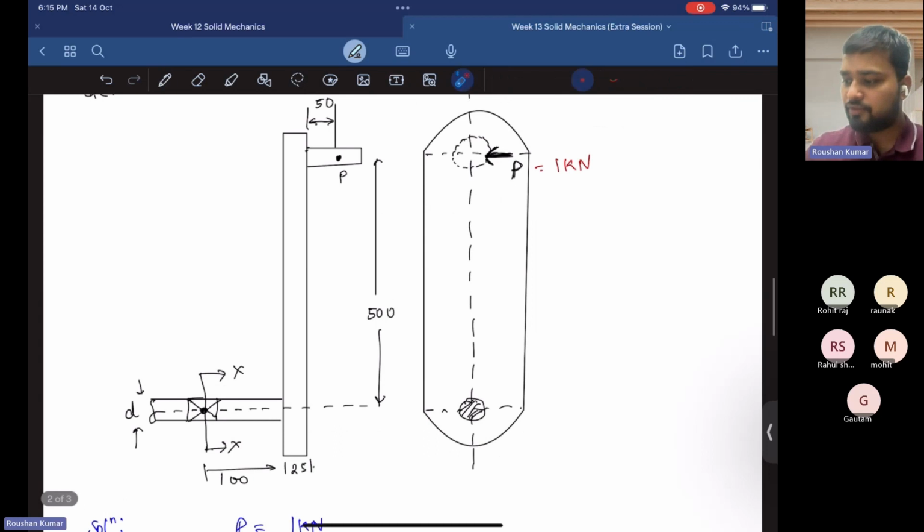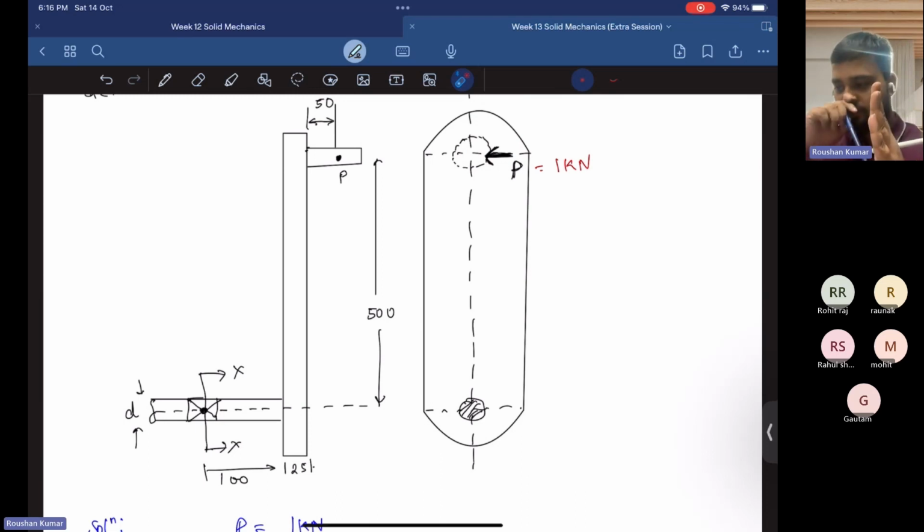You can see in the figure that this load P will cause a bending moment about this x-axis. So we have to calculate the bending moment first about this axis. So this is your crank, this is your crank pin, and here a load is applied.